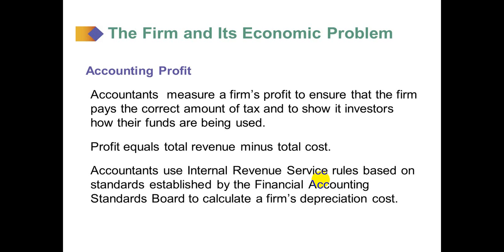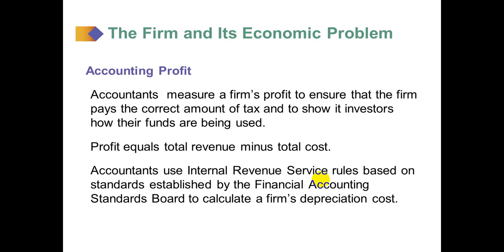Accounting profit. Accountants measure a firm's profit to ensure that the firm pays the correct amount of tax, and to show investors how their funds are being used. Profit, as we know, equals total revenue minus total cost. This is the total profit.